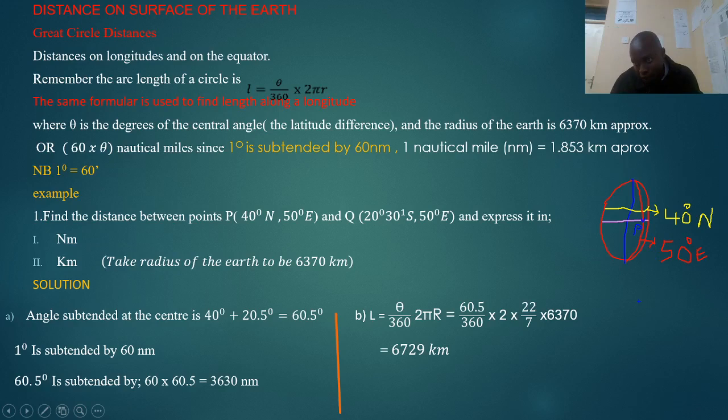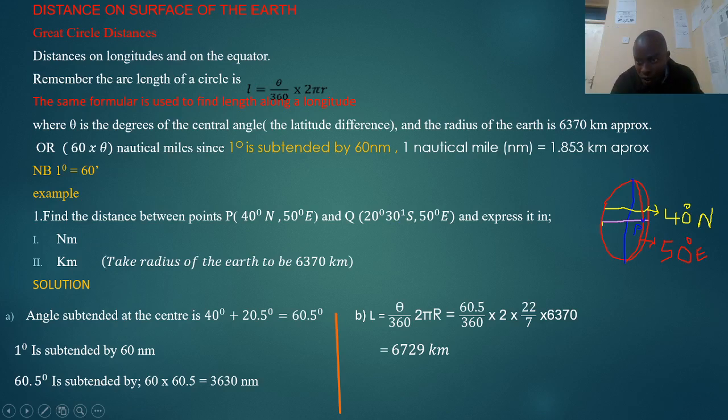So having point P there, we need also to locate another point that is 20.5 degrees south. That's a latitude. Remember we said we start with the latitude. So if we come 20.5 degrees south, we can have it here.